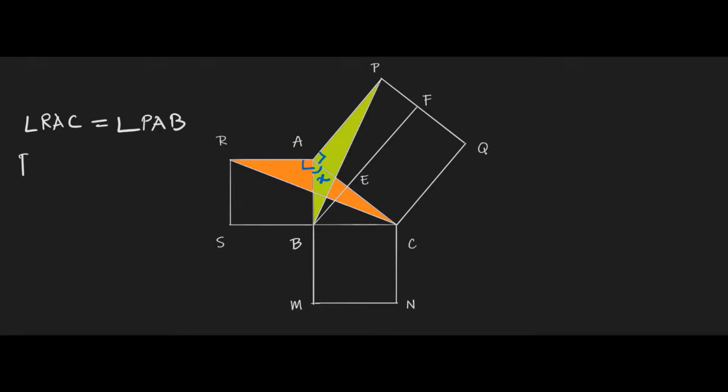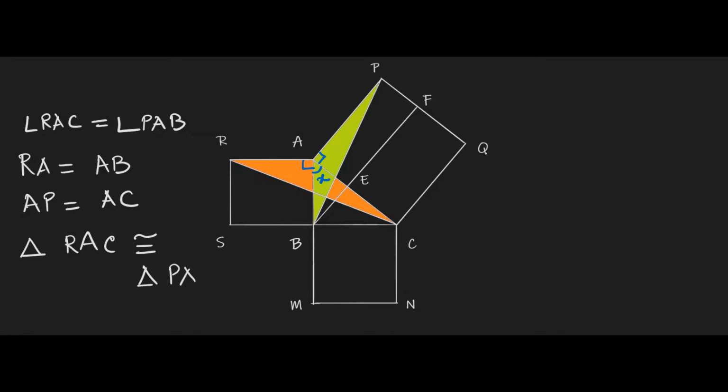Also, side RA is equal to side AB because they are sides of the same square, and side AP is equal to side AC. Again, they are sides of the same square, which means that the two colored triangles are congruent to each other. That is, triangle RAC is congruent to triangle PAB.